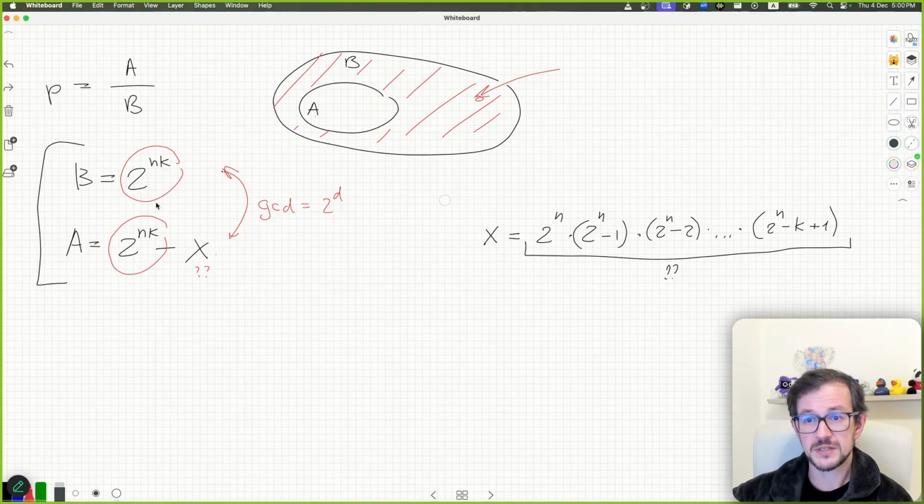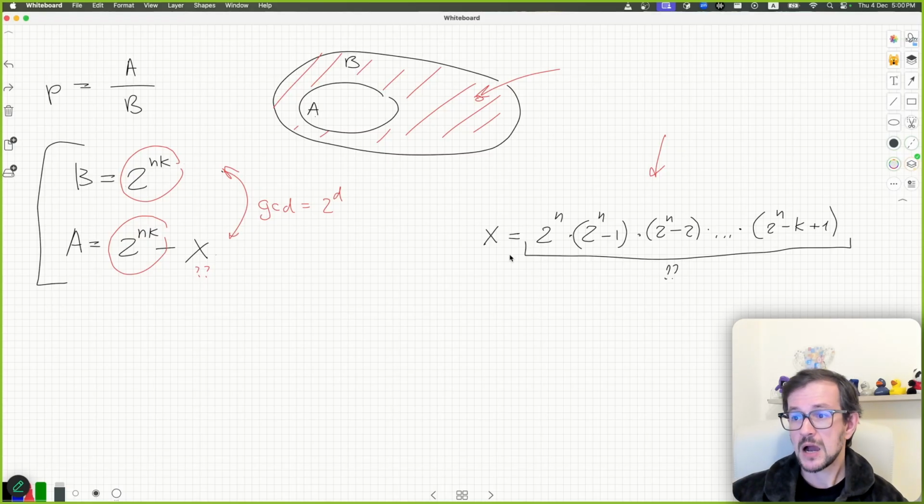For b it's easy, just nk. Here also nk. So we only need to find the maximal power of 2 which divides x. X looks like this. So we have two problems. We need to calculate the number x, and we need to find the maximal power of 2 which divides x.